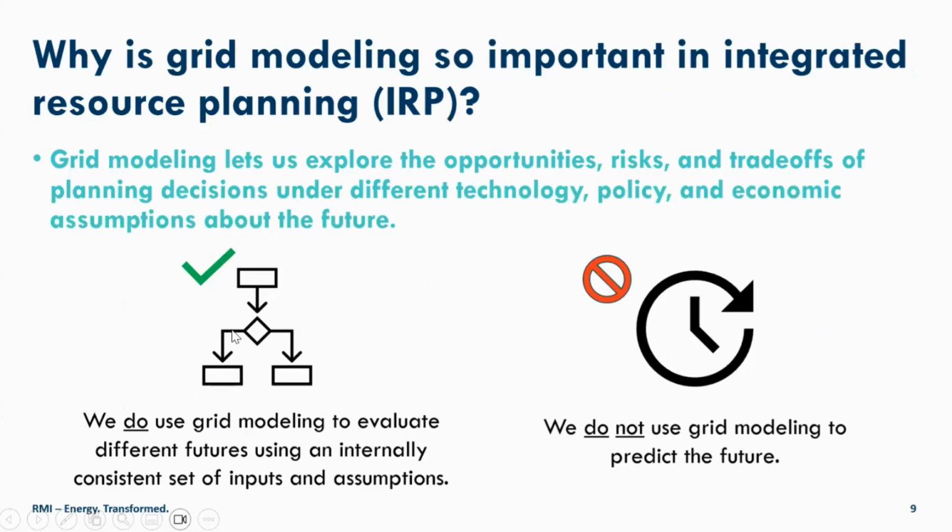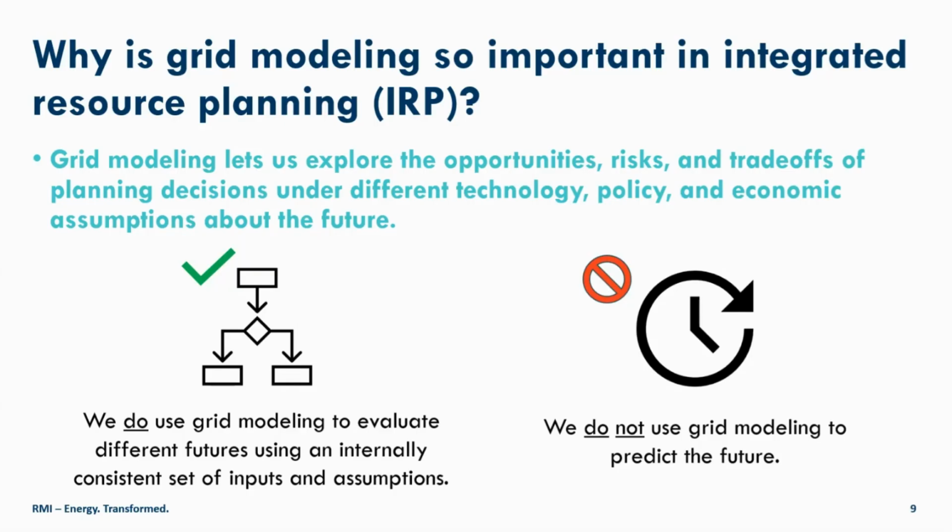All right, so why is grid modeling so important in IRPs? Grid modeling lets us explore the opportunities, risks, and trade-offs of planning decisions under different technology, policy, and economic assumptions about the future. So I've heard this phrase that grid planning is an exercise in imagination. And to dig into that a little bit, it's useful to understand what we do use grid modeling for and what we do not.